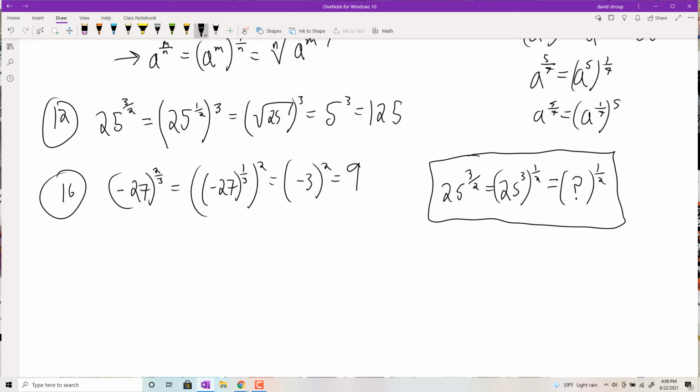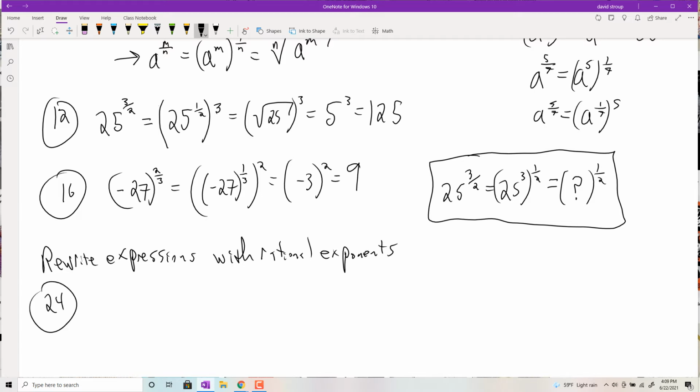Anyways, let's take a look at converting from radical expressions to exponent expressions. So the directions here are to rewrite expressions with rational exponents. And that's all you have to do, right?